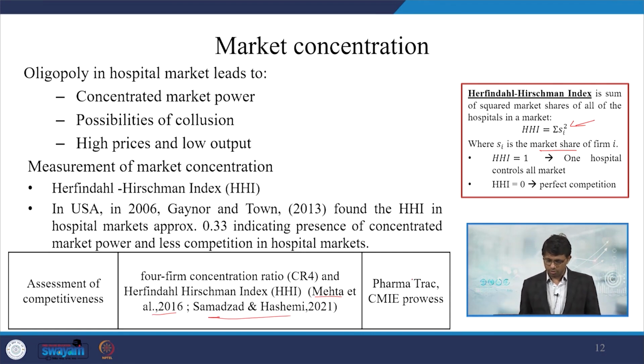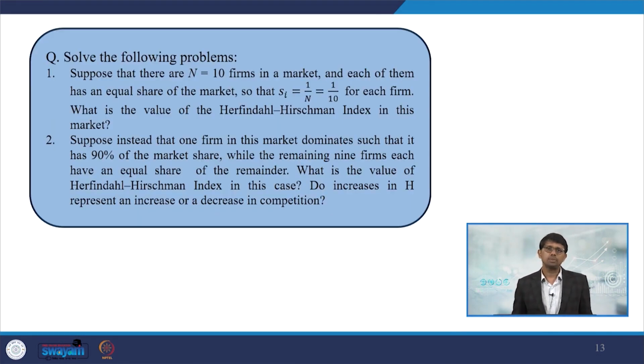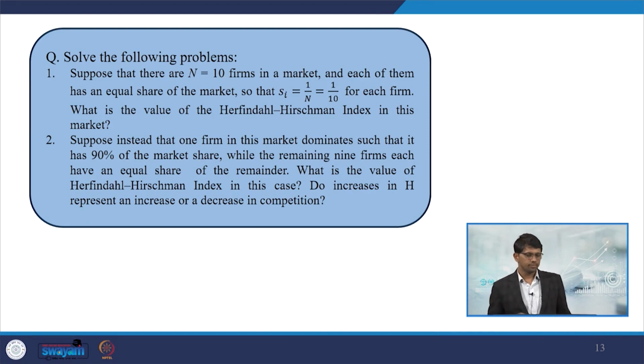You can also use datasets called PharmaTrack and CMI Pro to understand the concentration, and how it works for your research. We are putting two examples for you to calculate and understand market power or concentration.